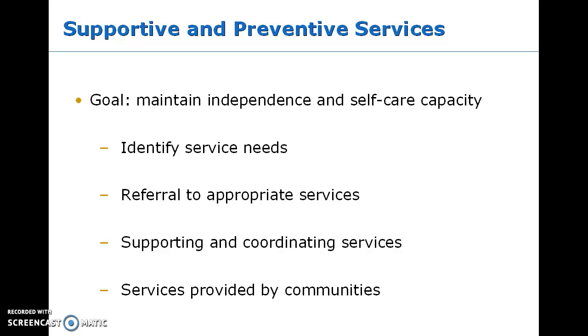We want them to help identify service needs and referral to appropriate services. Some can be as simple as Meals on Wheels. Simple service. Maybe they're unable to cook for themselves and they need assistance. So a case manager can refer them to the different services in their area regarding Meals on Wheels.